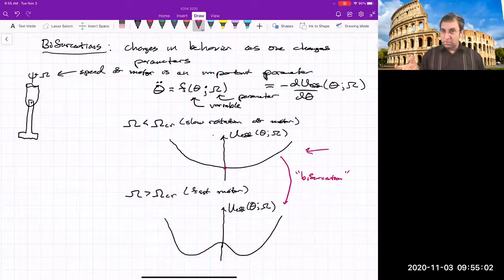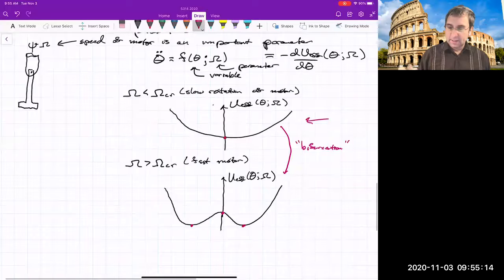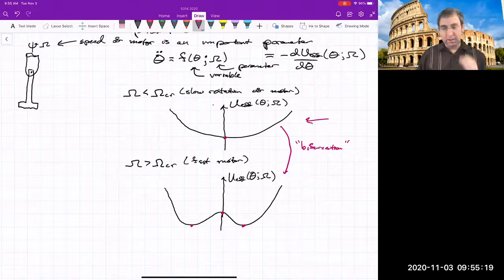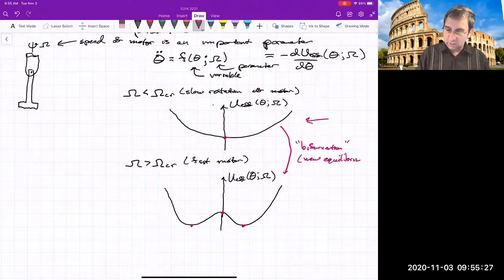But once you crank up this motor fast enough, that bottom position becomes unstable, and you've got stable equilibria on either side. So that's a qualitative change, and that all falls under the terminology that there was a bifurcation. In this case, new equilibrium points show up, and the middle one changes stability.